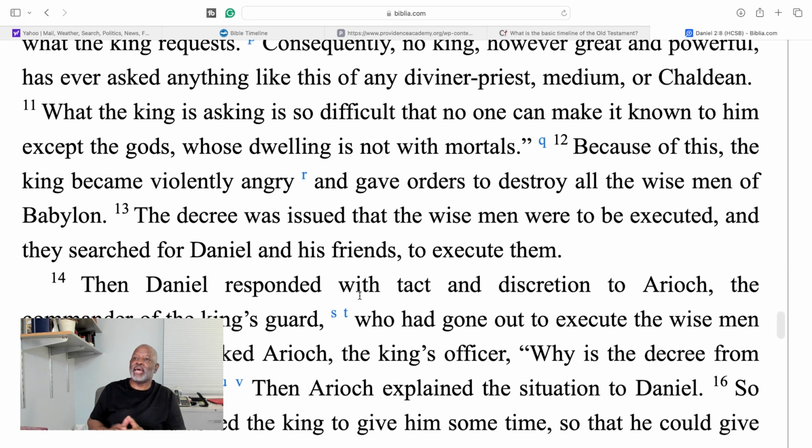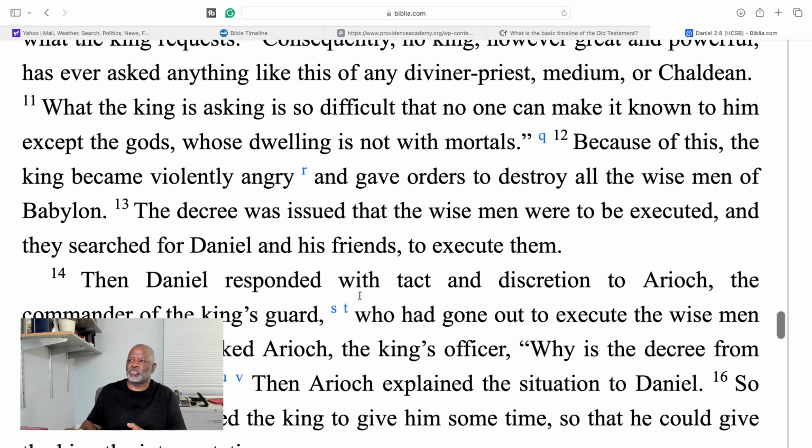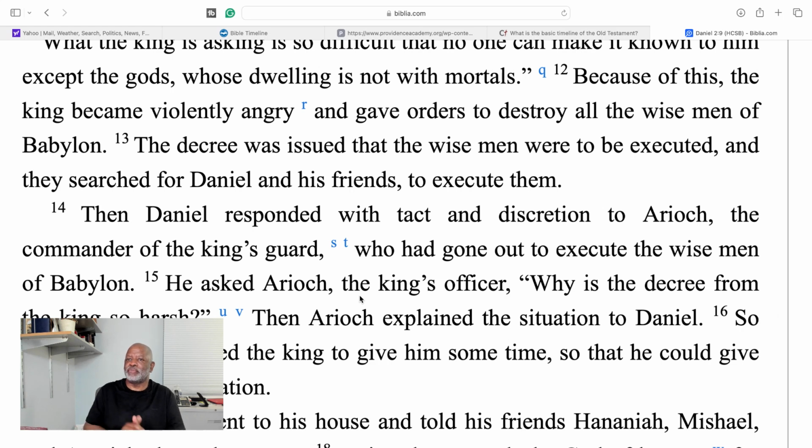What the king is asking is so difficult that no one can make it known to him except the gods. But don't you claim to have gifts from the gods? He says, whose dwelling is not with mortals. And because of this, the king became violently angry, and gave orders to destroy all the wise men of Babylon.